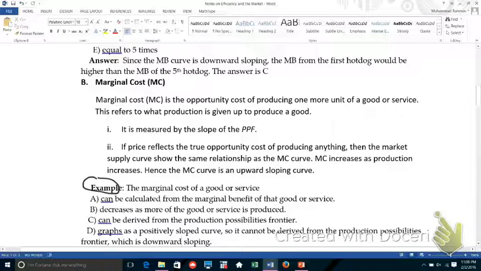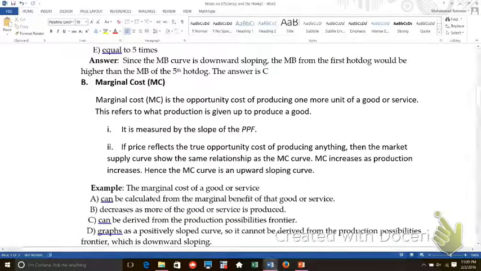B, it decreases as more of the goods and services is being produced. That's also not true. Marginal cost actually goes up as you produce more. C, it can be derived from the production possibility frontier. Now that is true, because the production possibility frontier's slope at different levels of output is nothing but the marginal cost of that output. So C also is the correct answer for this example.